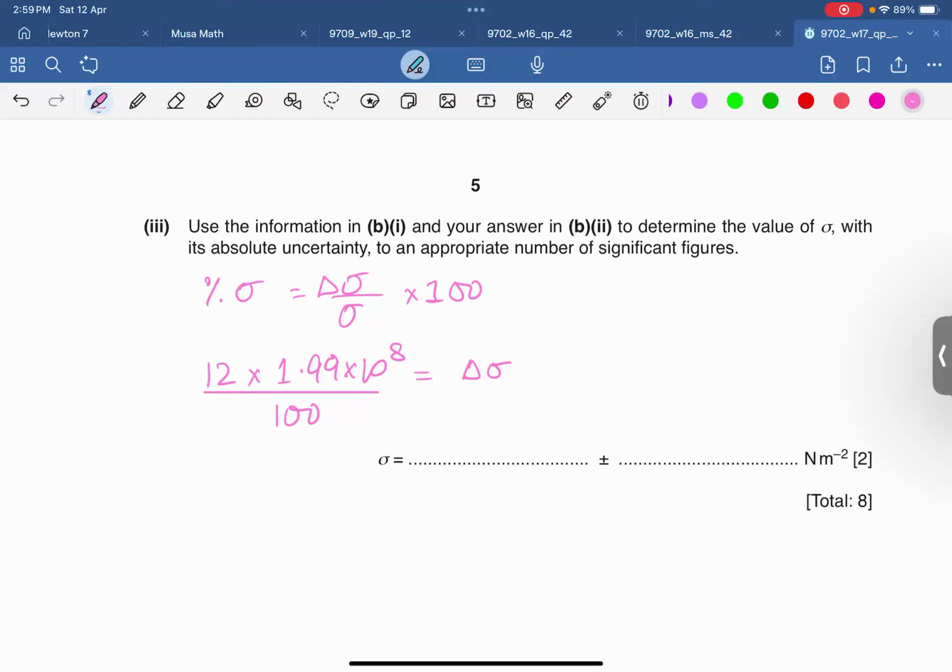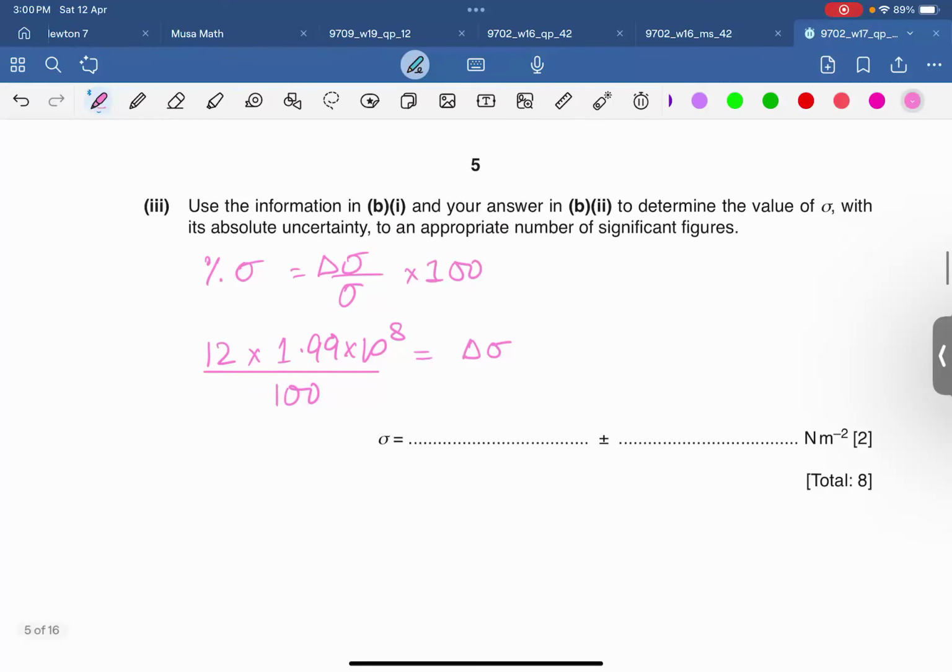तकरीबन सब बच्चों ने ये काम तो किया है, सही है। तो इससे तुम्हारे पास जो वैल्यू आ रही होगी 1.99 exponent 8 divided by 100, सो I am getting the value as 2.3 exponent 7, सही है। यहाँ तक आई होप सो तुम लोग सबको समझ में आ गया होगा। देखो, the rule is that you have to write the absolute uncertainty in 1SF, okay?